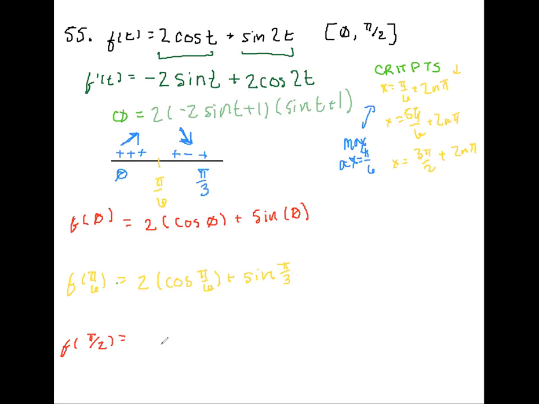And then I have 2 cos pi over 2 plus sine of what? It's going to be pi. So we said that sine of 0 is equal to 0. What is the sine of pi?